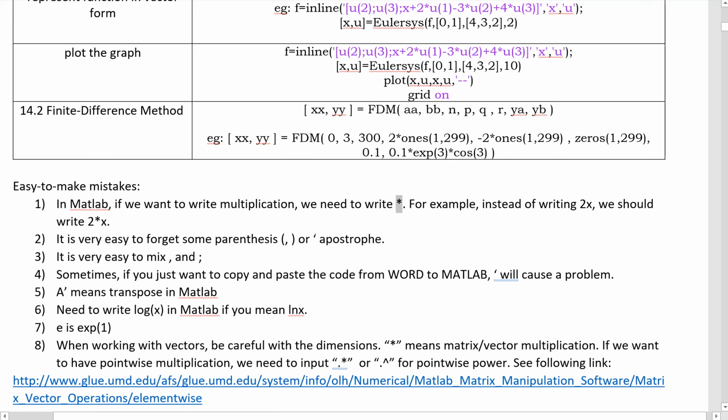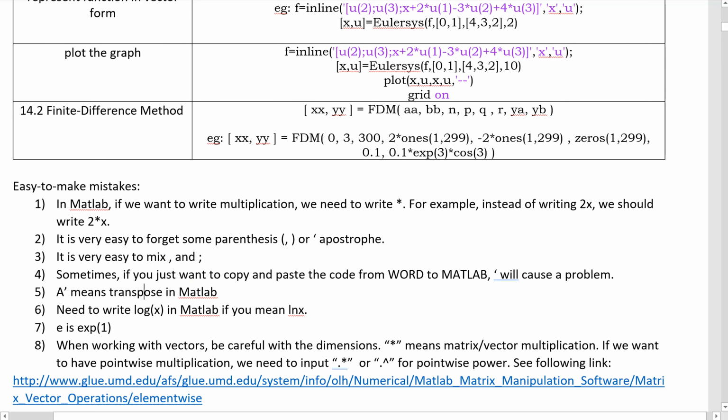It's very easy to forget some parentheses or the apostrophe. And it's very easy to mix up the comma and the semicolon. Sometimes if you copy and paste the code from Word to MATLAB, the apostrophe will cause a problem. And this symbol means the transpose in MATLAB.